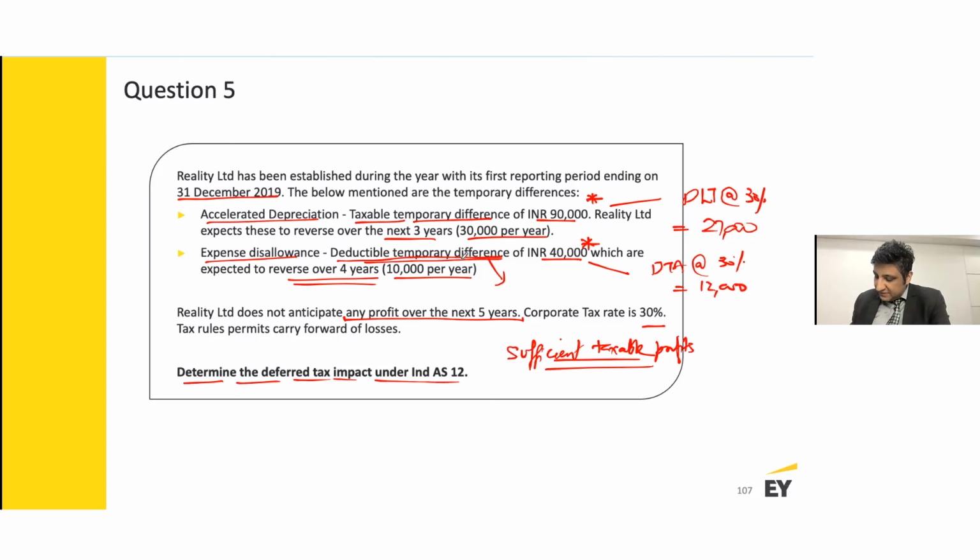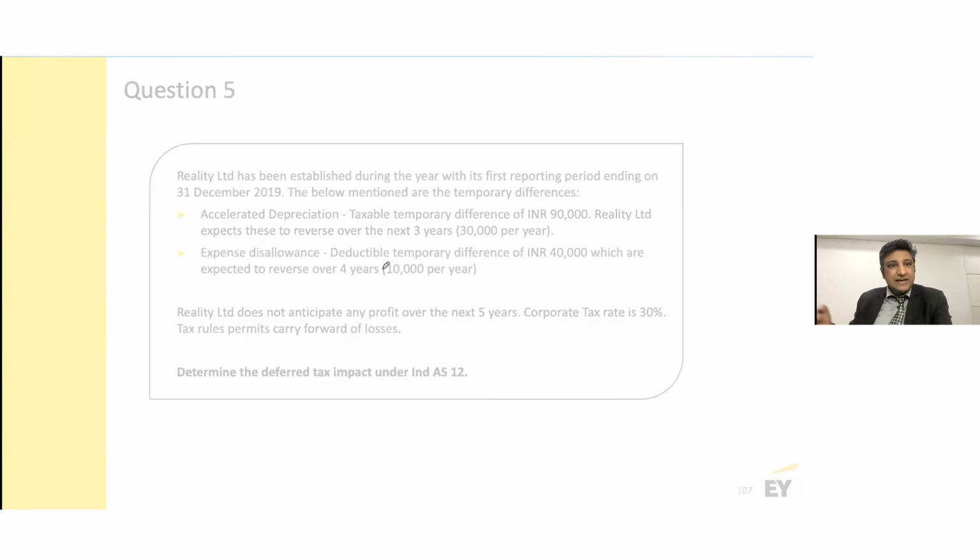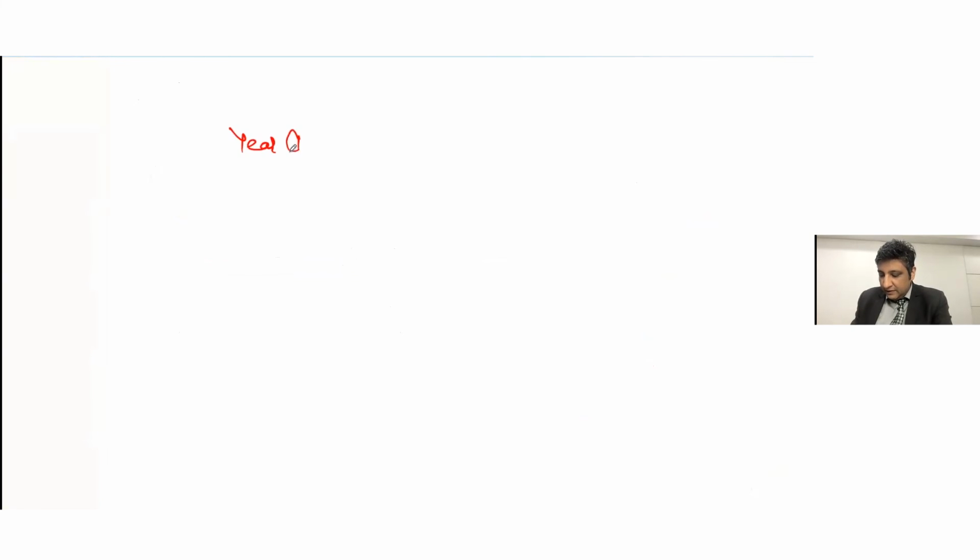Now, as far as a reversal of a deductible temporary difference is concerned, it is either available through a taxable profit or a taxable temporary difference, right? The duration that we are provided with is 4 years as far as those deductible temporary differences reversals are concerned, right? So if I were to look at that information and I put it in a tabular format, we are saying year one, year two, year three, and year four, right?